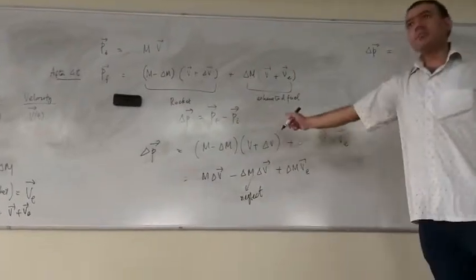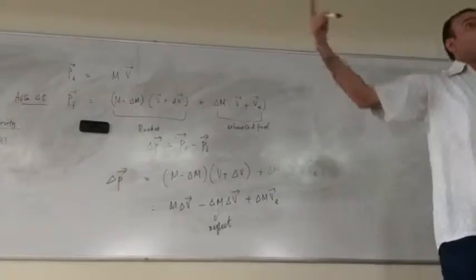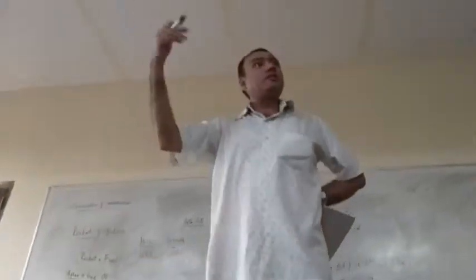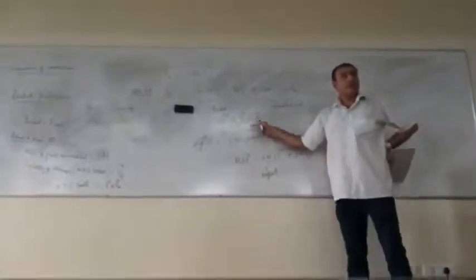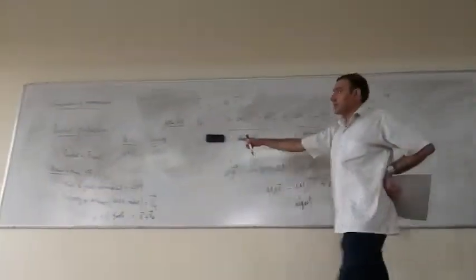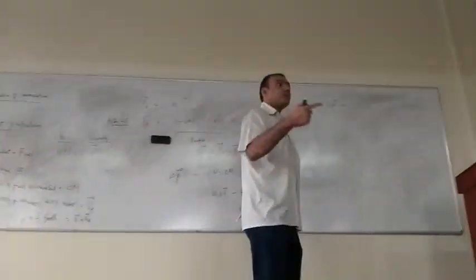The idea of finding out delta P is such that I can find out the force. Because remember, force is delta P over delta T. The rate of change of momentum is the force. So by finding out the change in the momentum of the rocket and dividing that by this instantaneous time delta T, I should be able to figure out the force on the rocket.